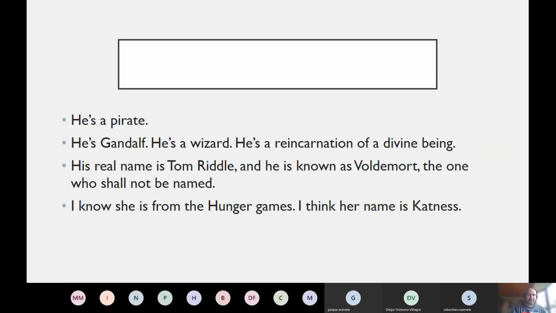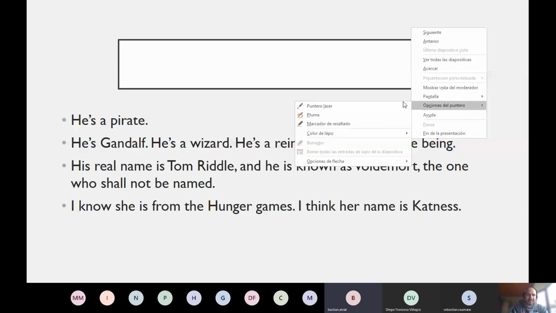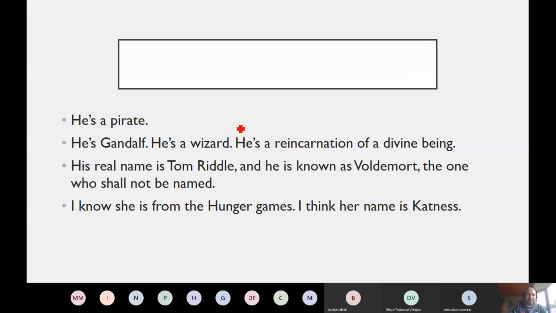He's a pirate. Which word do you think receives or is emphasized in this first sentence? Pirate. All right. So in the first sentence, pirate is the word that receives the emphasis. It is the most prominent in the sentence, right? What about the second one?